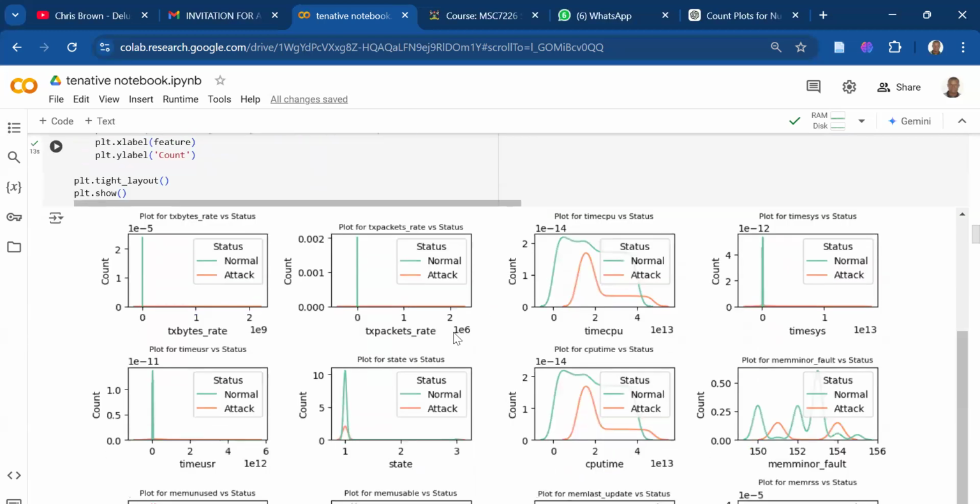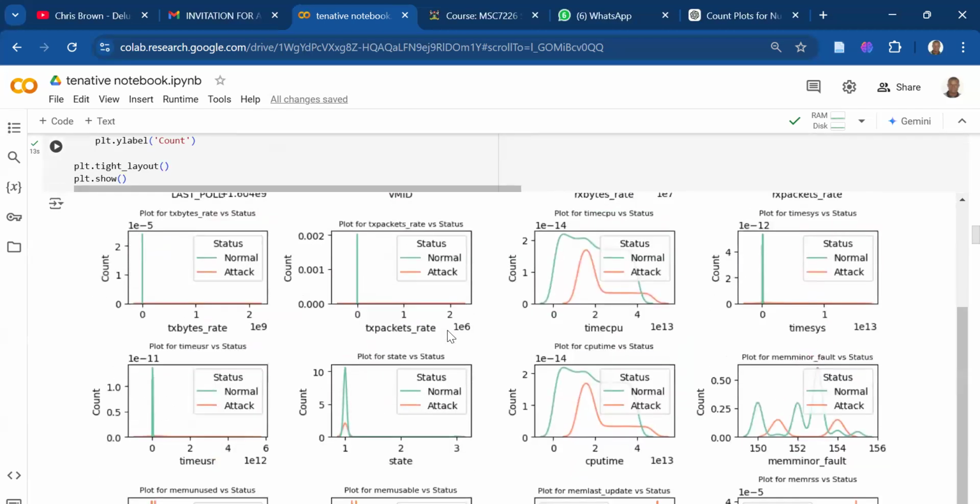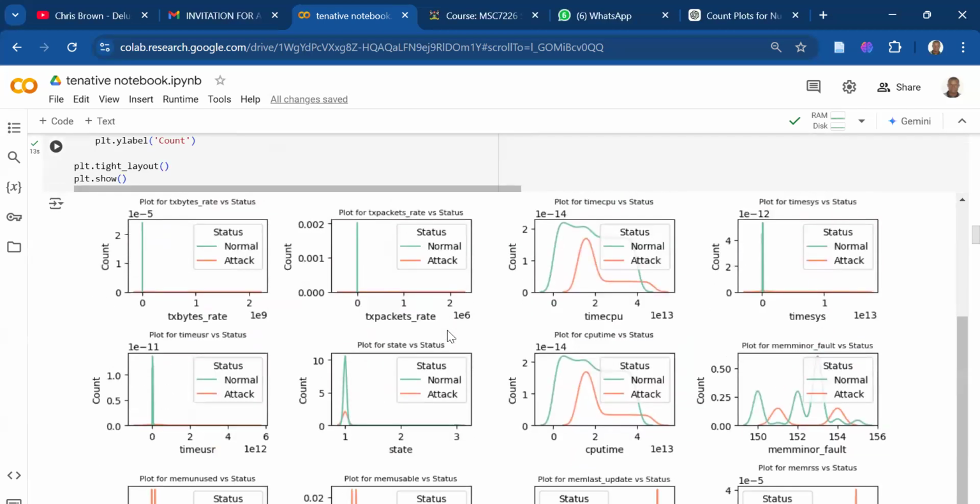Then we go to the KDE plots. For example, if I analyze one of these, the TX packet rate, this is the rate at which packets are being transmitted on the network.